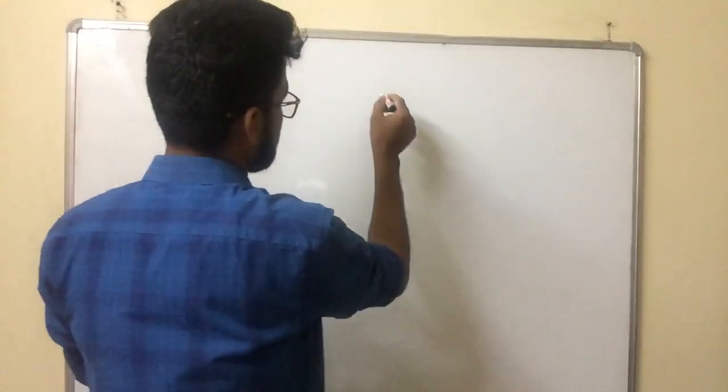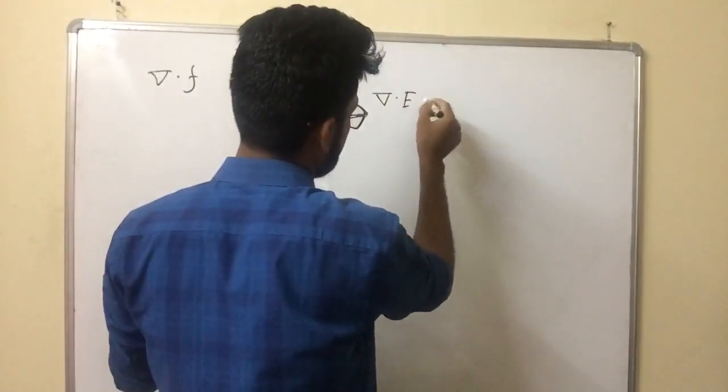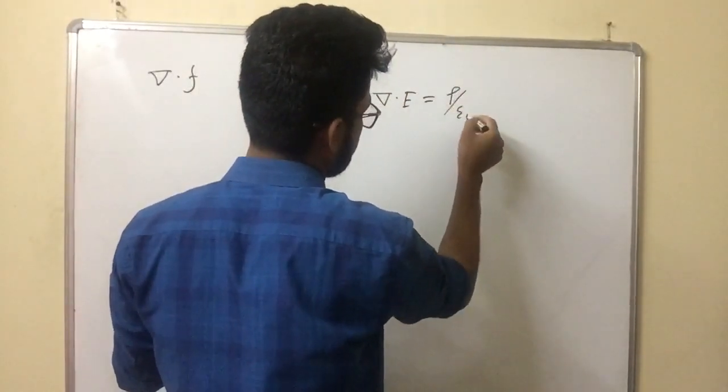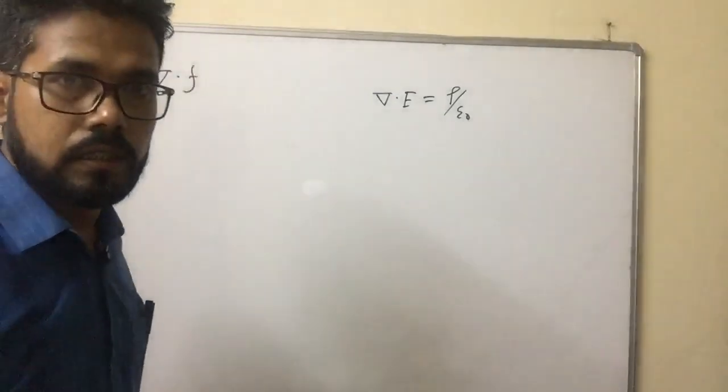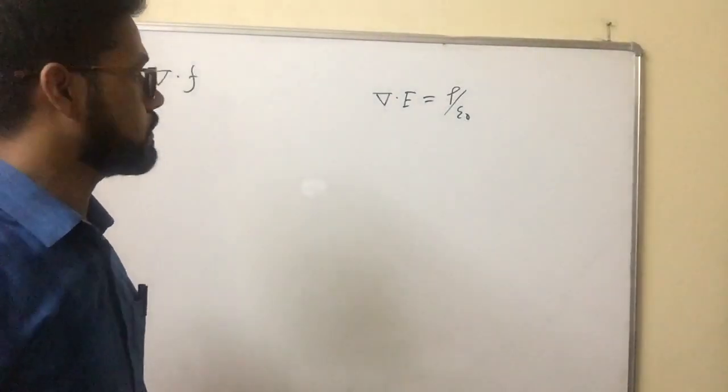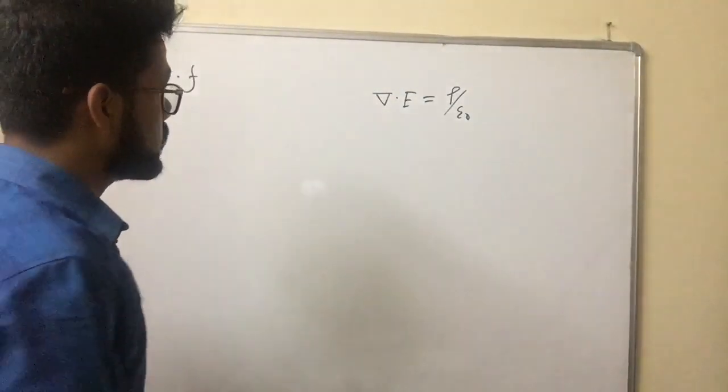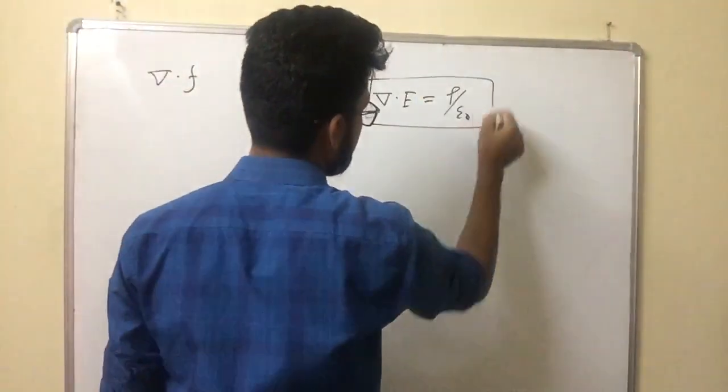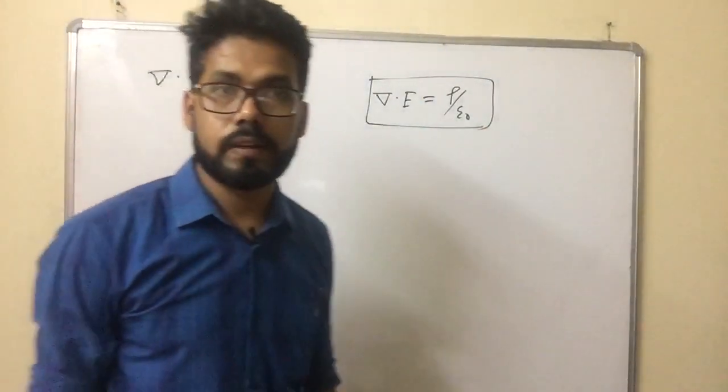Normally you find this equation: divergence of E equals rho by epsilon. This is a Maxwell equation, the first one, Gauss's law. The meaning of this equation is outward flux.